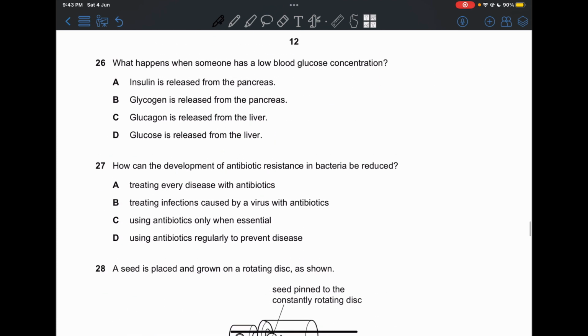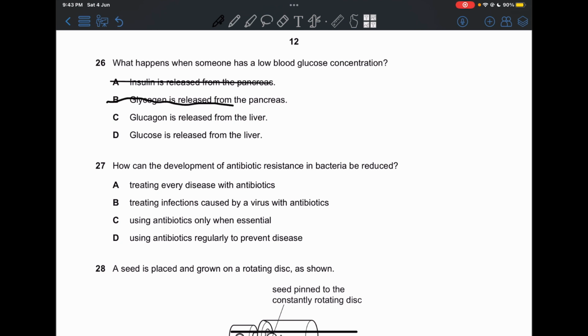Now, 26, what happens when a person has low blood glucose concentration? So insulin is released. No, insulin is released when there is high blood glucose concentration, not low. Glycogen is released from the pancreas. No, well, glycogen isn't a hormone.